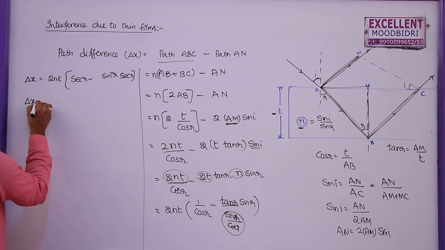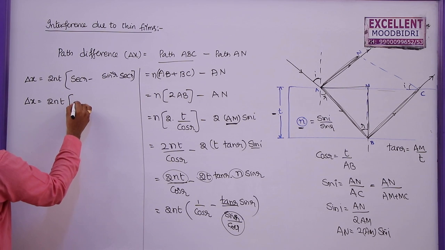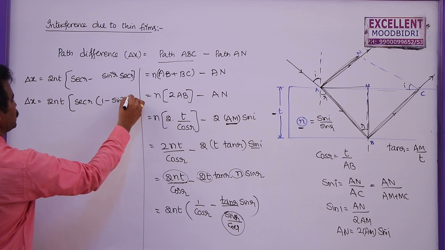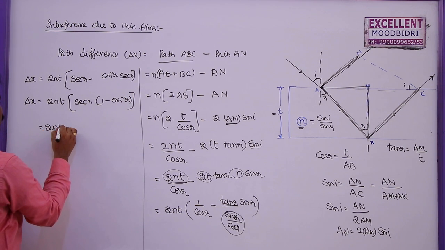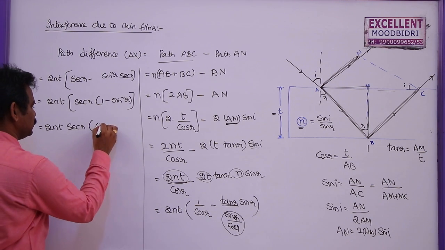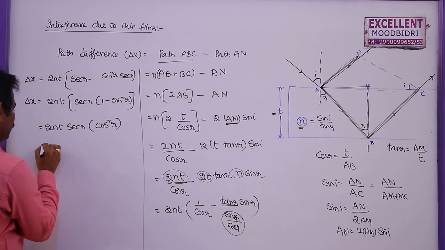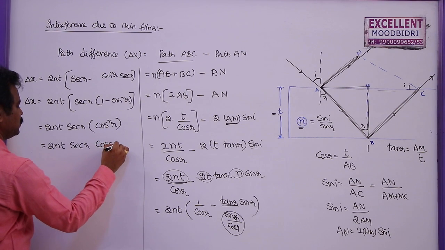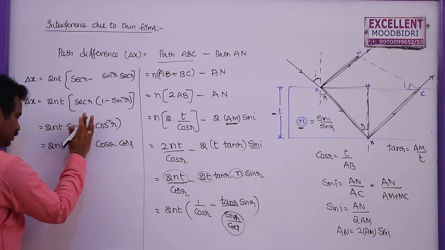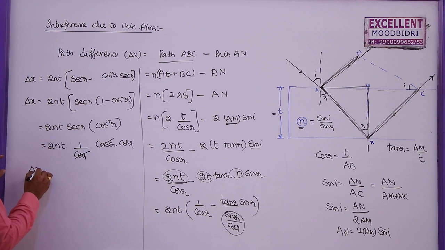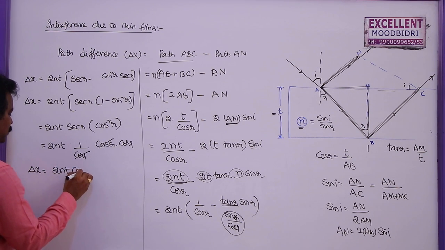So this delta x can be written as 2nt secant r also common, 1 minus sin square r. So this is 2nt secant r, 1 minus sin square r can be written as cos square r here. So this is 2nt secant r, this is cos r into cos r, but secant r can be written as 1 by cos r here. These two get cancelled. So the path difference in case of a thin film is given by 2nt cos r.